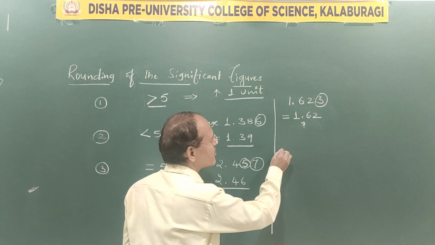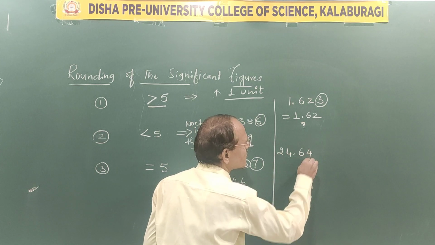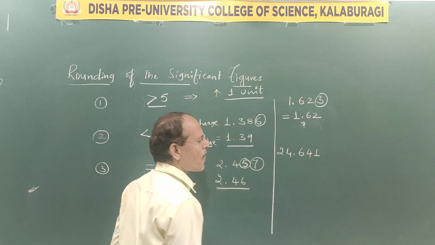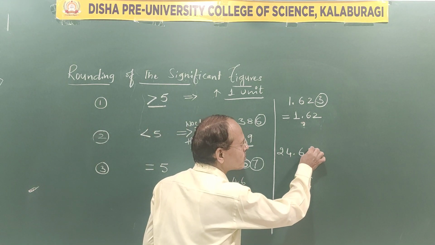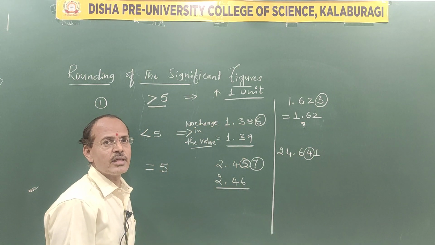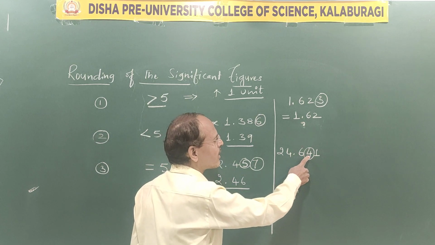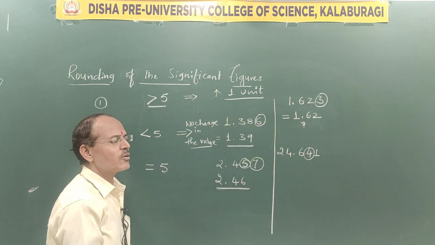I'll go for one more example. 24.641. Now, if I want to remove this 1, then this 4 is again less than 5.